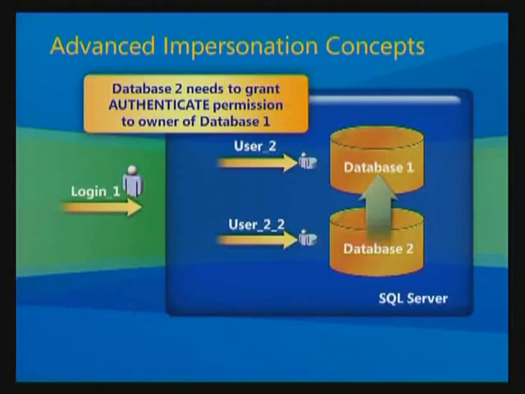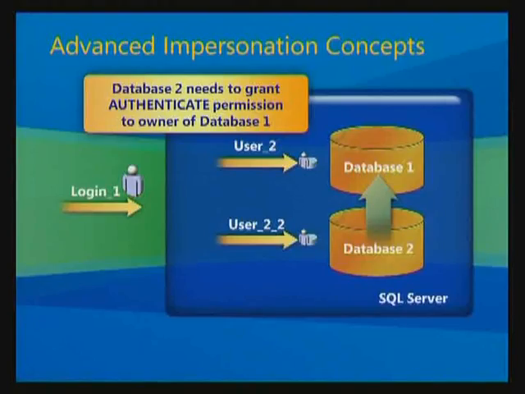So in database 2, I grant a permission, in this case the authenticate permission, to the owner of database 1. That's basically saying database 2 trusts the owner of database 1. Now, what I want to point out here is that you're not trusting database 1, you're trusting the owner of database 1.